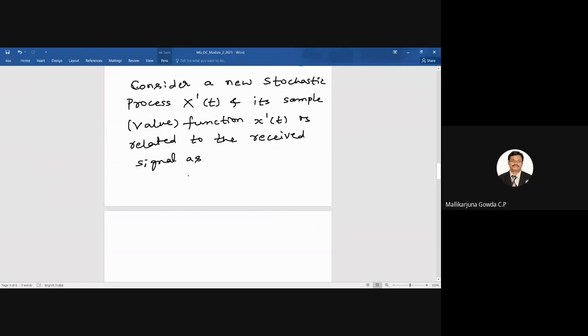I said, consider a new stochastic process x dash of t, whose sample function is related to the received signal, that is x of t.